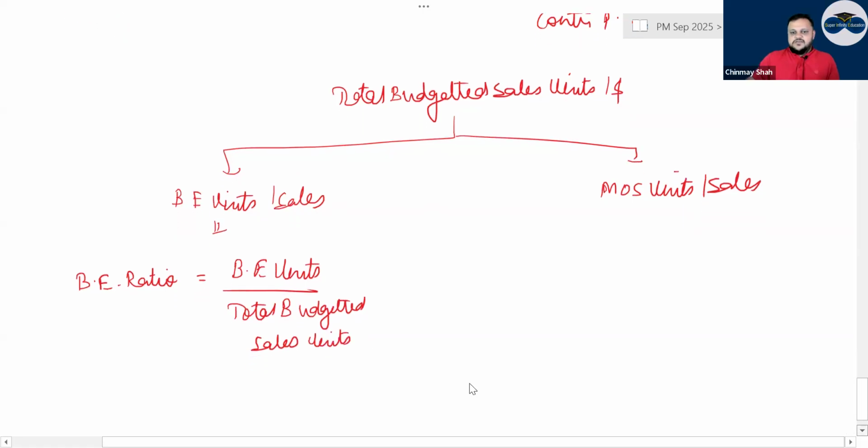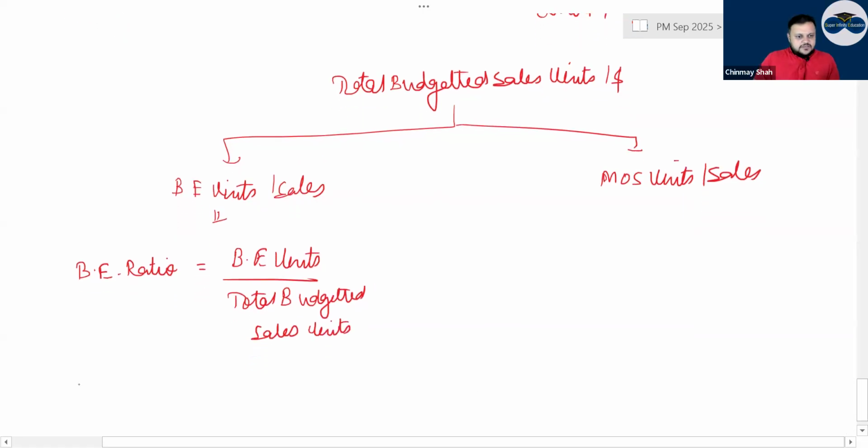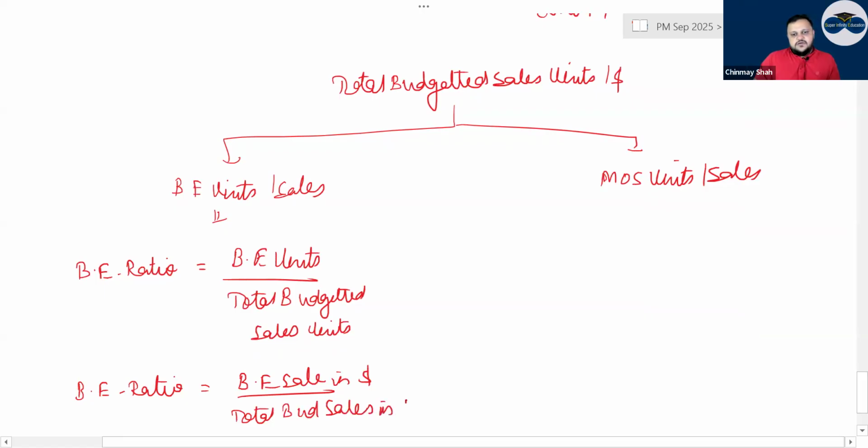Or the other formula: out of the total budgeted, how many percent are break-even sales. It is BE sales in dollars divided by total budgeted sales in dollars.